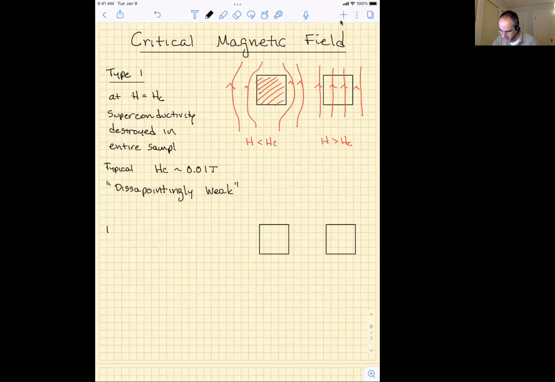On the other hand, type 2 materials exhibit a different type of behavior. In a type 2 material, at low field, just as before, the Meissner effect excludes the magnetic field from the interior.